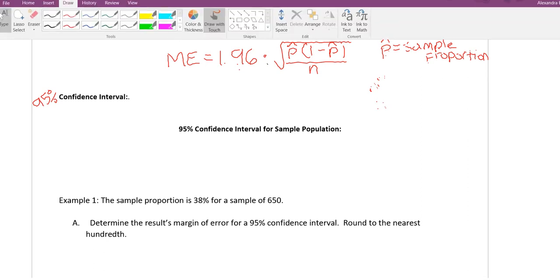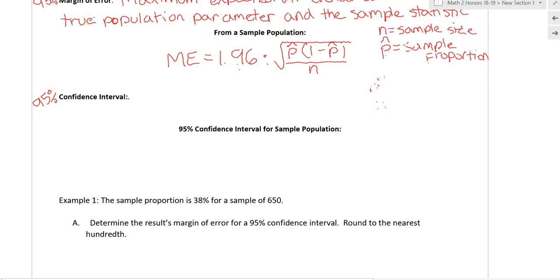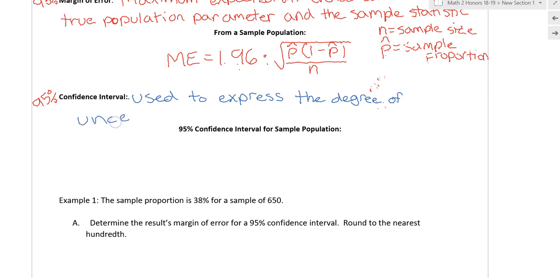Okay, and then after that, once we have our margin of error, we can find our confidence interval. And again, we're going to be specifically doing a 95% confidence interval. And it is used to express the degree of uncertainty with a sample statistic.